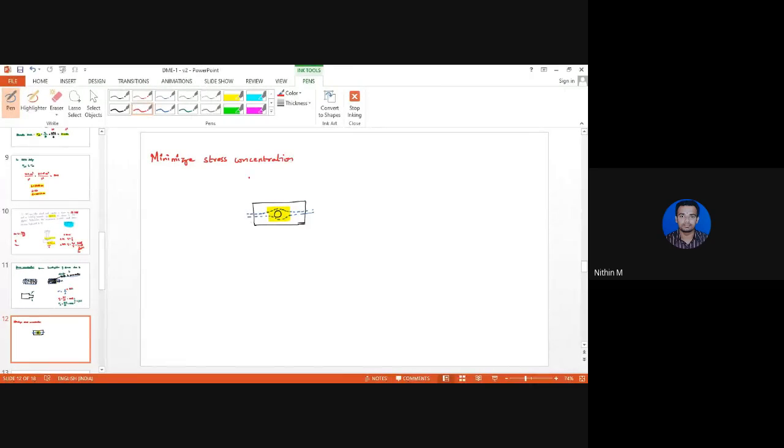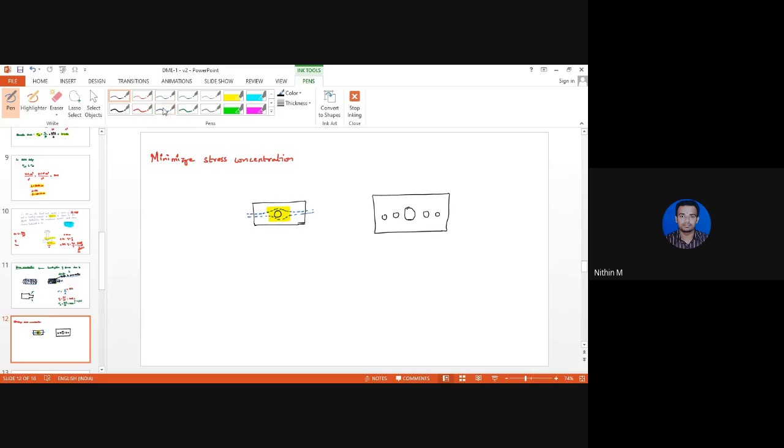Suppose you consider the same plate where the stress induced in this highlighted region is very high. So rather, I will consider another plate. Ideally, we only need to have a hole at the center of the plate. Now instead, I will drill a couple of holes here in a very symmetric manner.